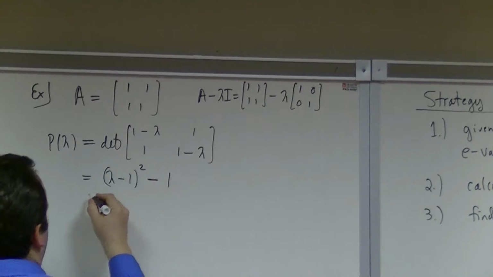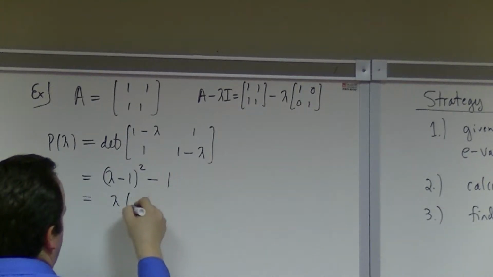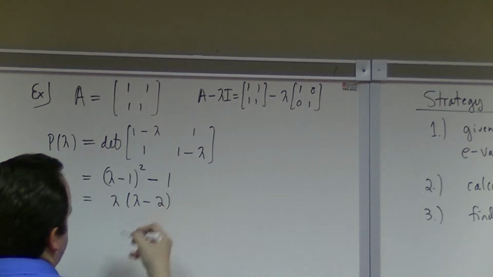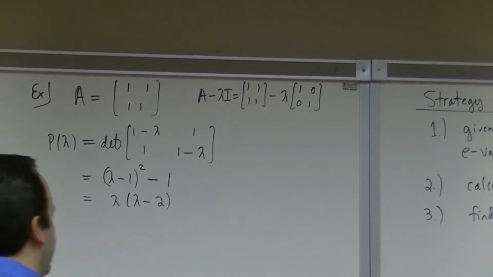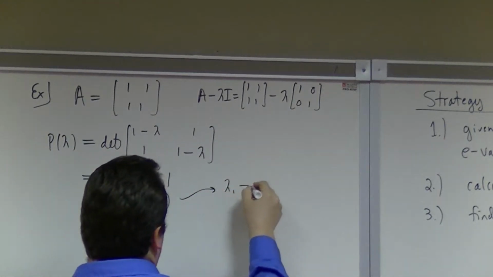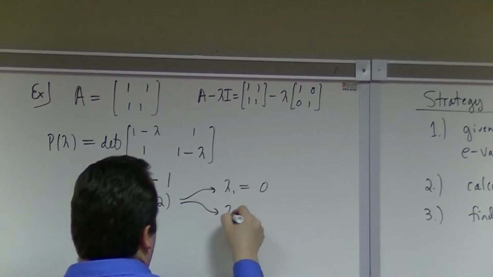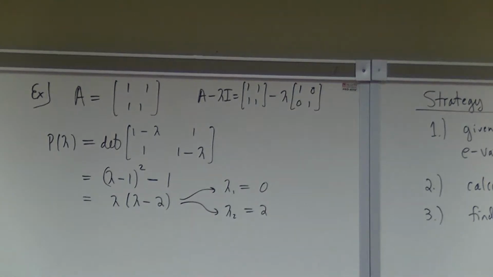And hey, that's the difference of perfect squares. So that's lambda times lambda minus 2, because you either add 1 or subtract 1. Of course, you can FOIL it out and cancel stuff and you'll get to the same thing. However you do the algebra, that's your business. Just do it right. Okay. Lambda 1 is 0. Lambda 2 is 2. All right. So there's my eigenvalues.